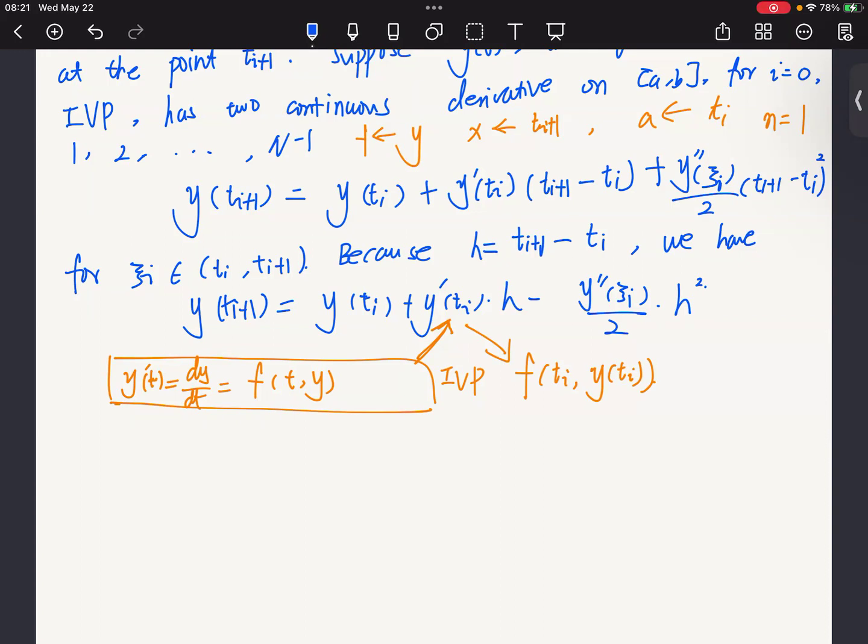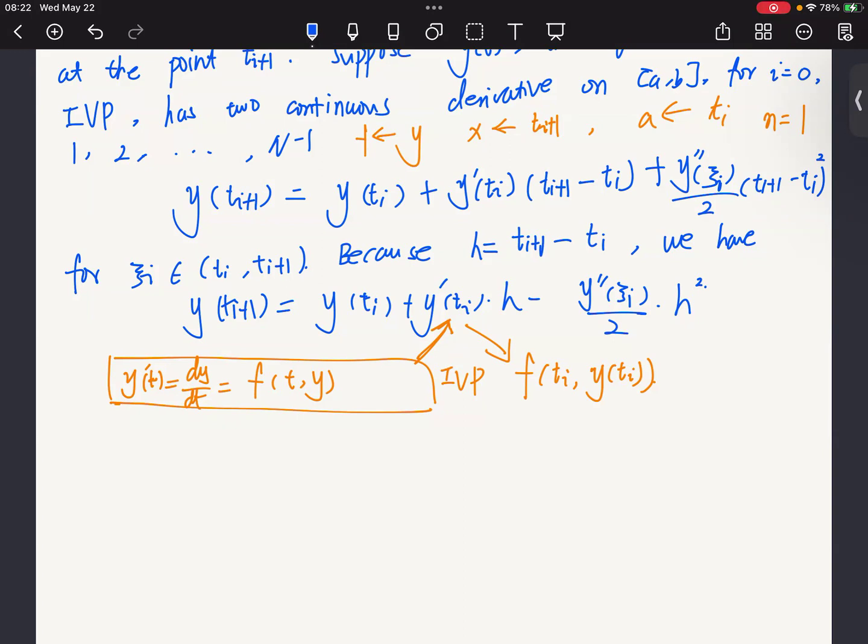So now the thing is that if you have a small step size h here, then actually this is a small error. So we are going to approximate this equation by ignoring the last item.